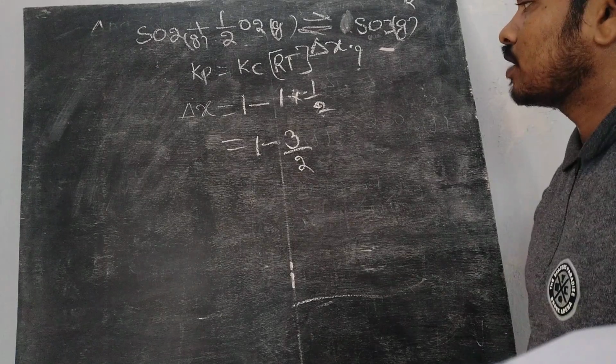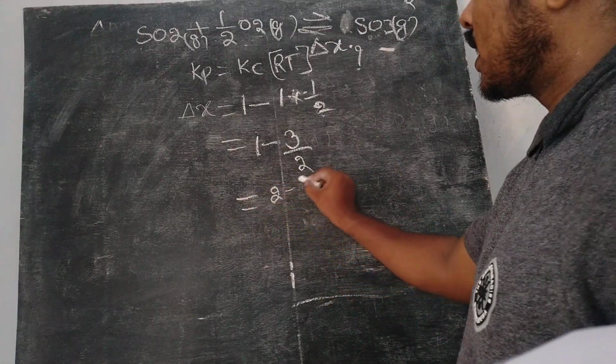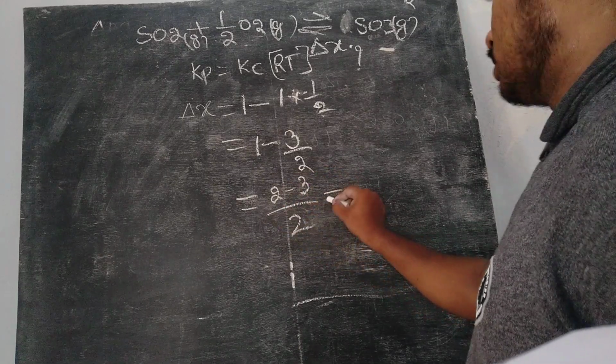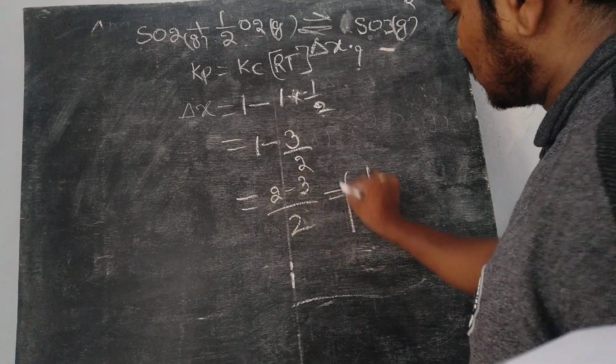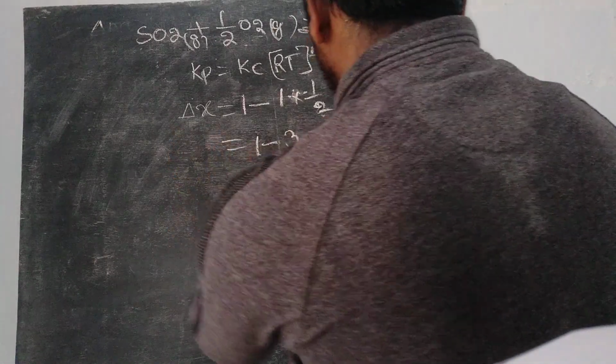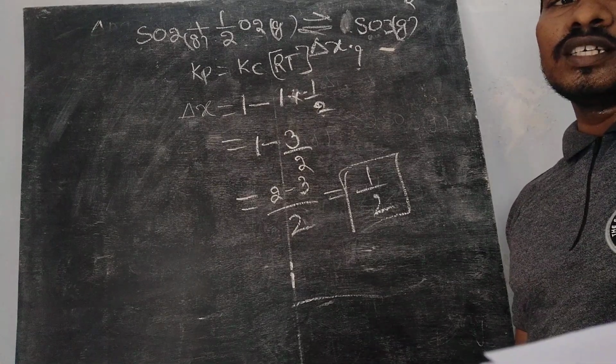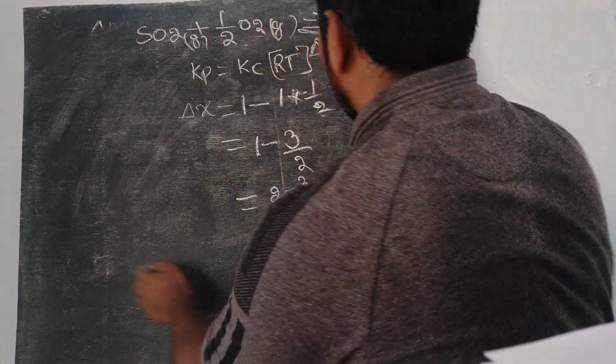See here, 2 minus 3 by 2 is equal to 1 by 2. So what is the delta x value? 1 by 2 is the delta x value. Okay, it is done. So next equation, next question.